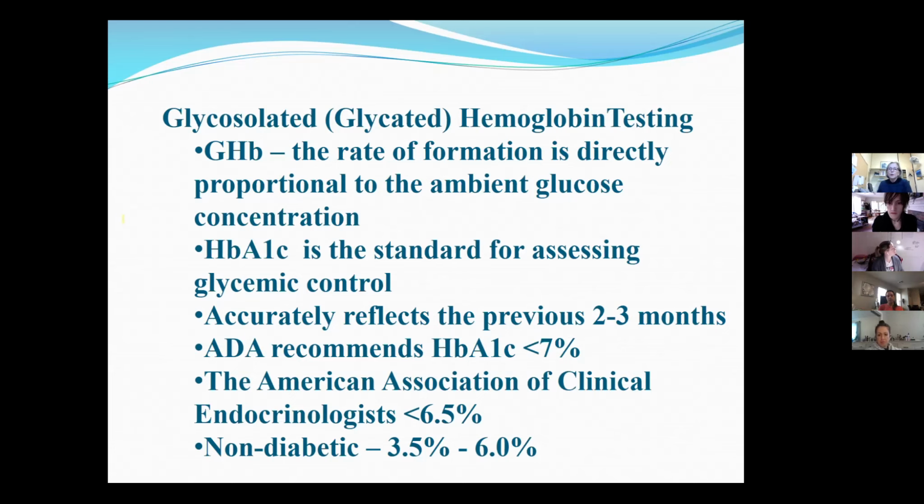Keeping blood glucose at the low end of normal is healthier for us, for everyone, not just diabetics. So as we talk about management of diabetes, a lot of the things that I'm going to mention are not just good for diabetics. They're good for all of us, because the low end of normal is a healthier place to be with regard to the hemoglobin A1C.